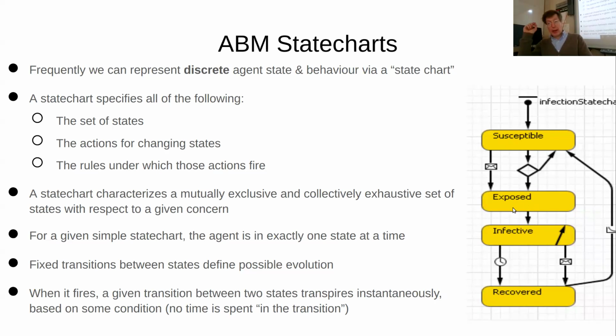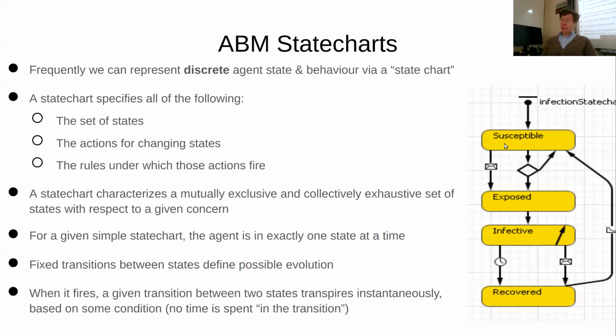So, for example, if you are in the exposed state, this is a conditional construct, right? If you're in the exposed state, you can go to infected via this transition. You notice that the source of a transition characterizes a precondition for transitioning, right? You're not going to take this transition if you're susceptible. You're going to take this transition only if you're exposed. It's characterizing an action that can bring you from exposed to infected. And your ability to take it is contingent upon you being in that sort of state. You're exposed.